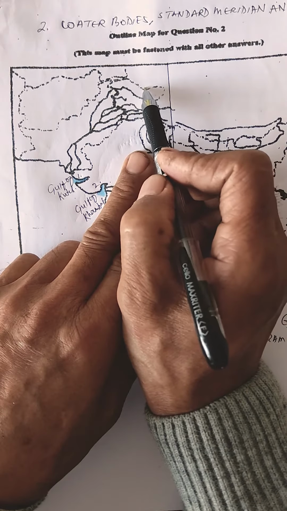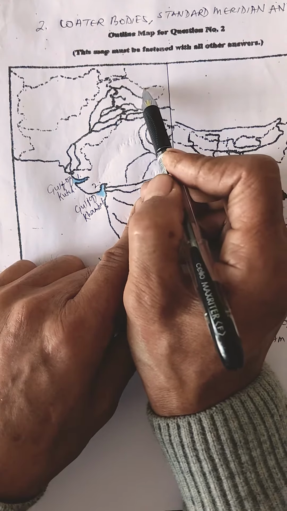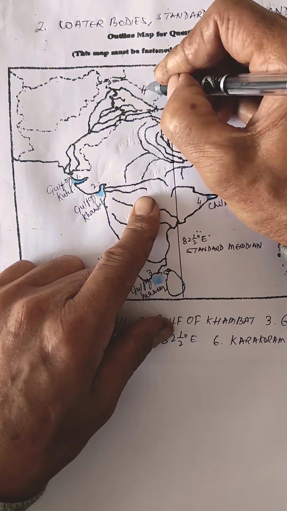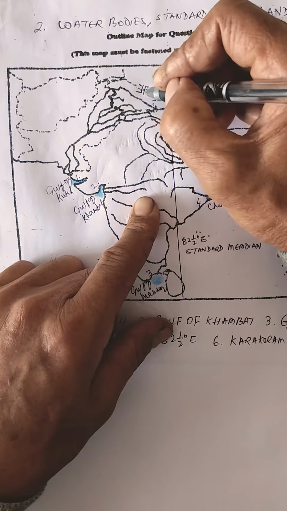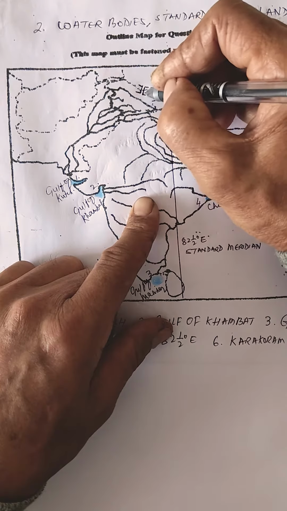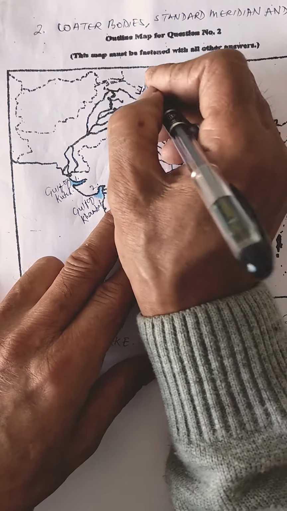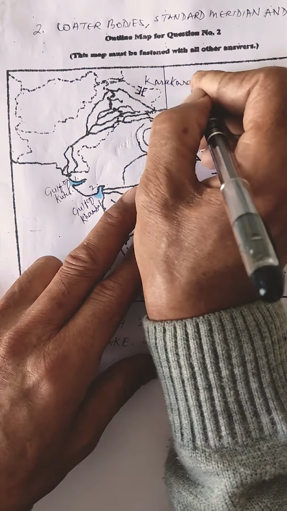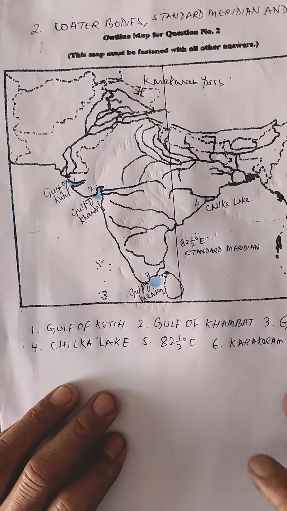At the lowest part of this line, where the line comes down, you draw a double line like this, and make a symbol like this. This is the Karakoram Pass. You can write here Karakoram Pass. PASS.